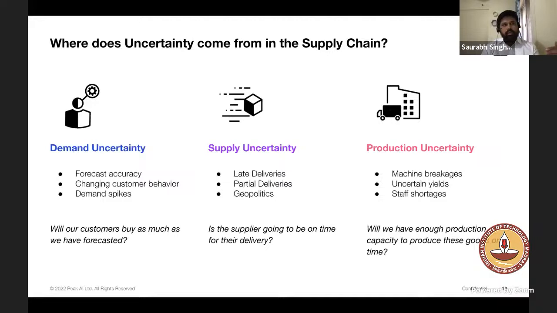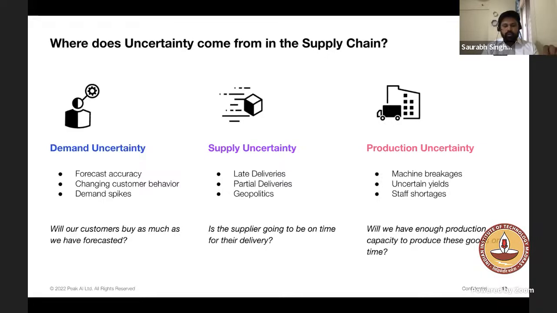Or there can be an event which triggers a demand spike, and when you could not forecast it accurately, you may have a shortage of your product, right? So these kinds of uncertainties sourcing from the demand side are called demand uncertainty, which means will the customer buy as much as we have forecasted, right?